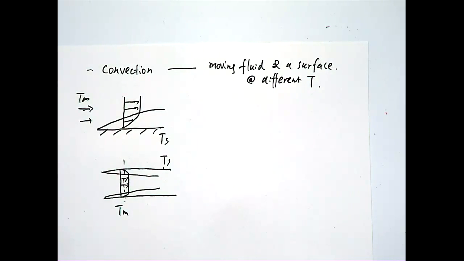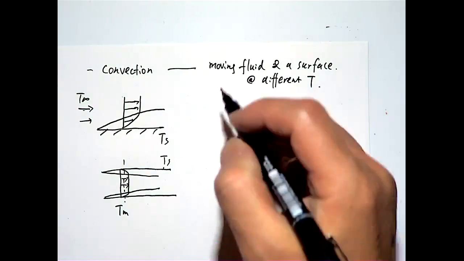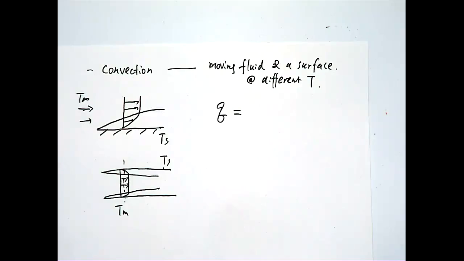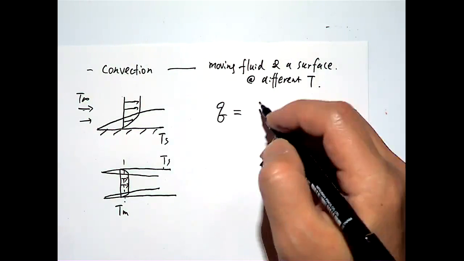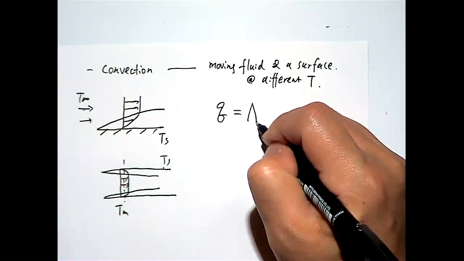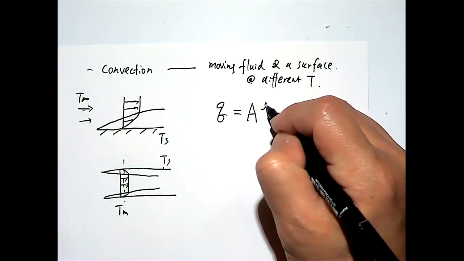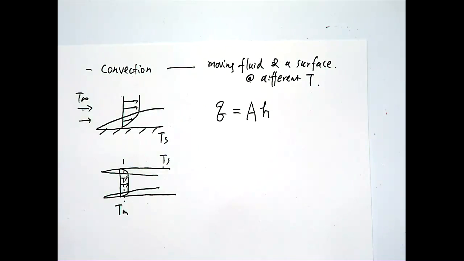For this case, what we use is a rate equation called Newton's law of cooling, which says that the heat transfer rate, again, is proportional to the area and proportional to something called the heat transfer coefficient, h, which is basically considered as a constant.